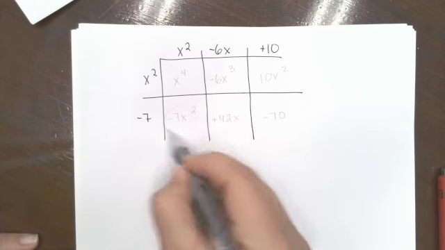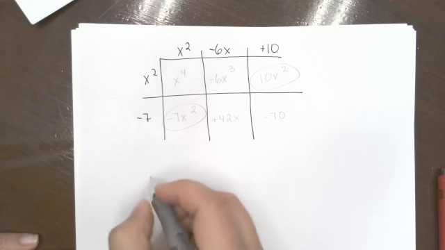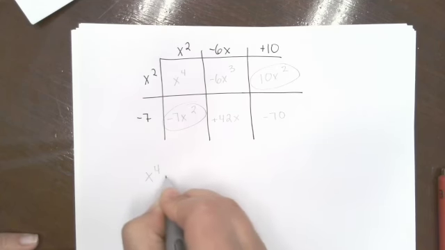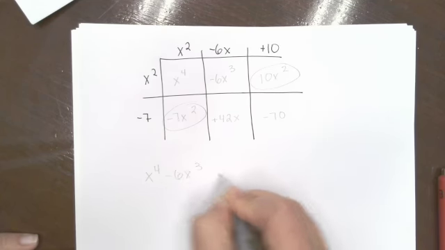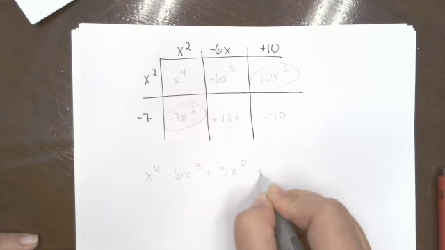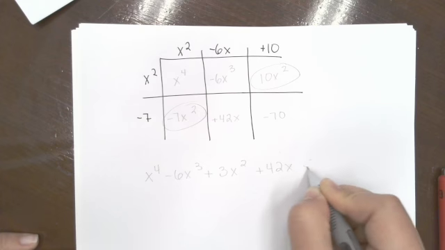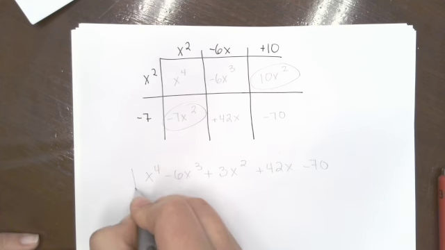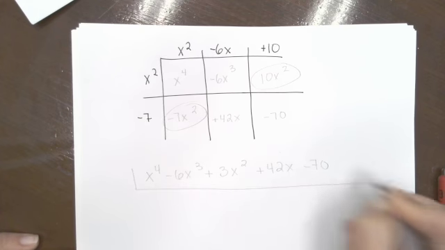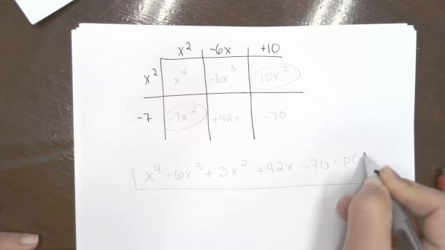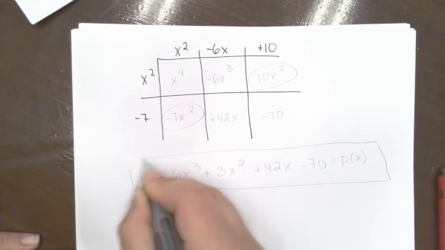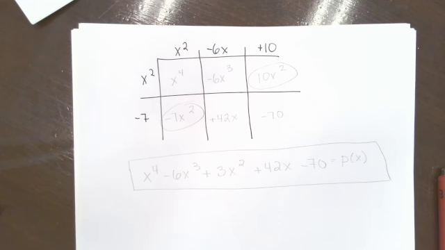I'm looking that there are 2 things only that we can add. So we got x to the 4th power minus 6x cubed plus 3x squared plus 42x minus 70 as our final, no bubbles, no factors, answer in standard form.